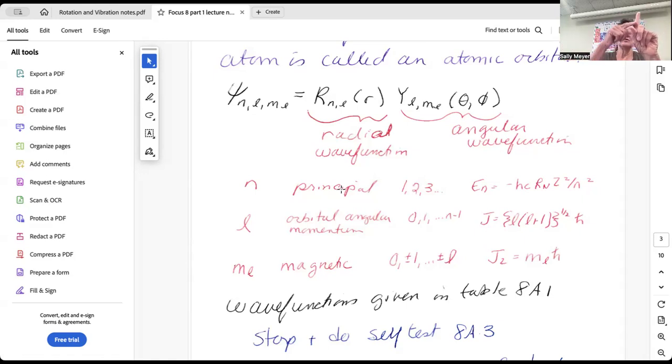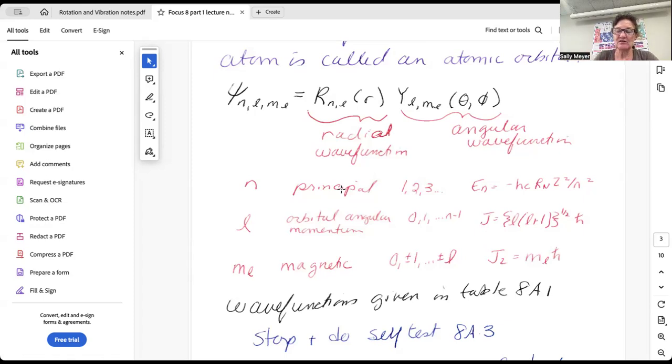If you put one going one way around the z-axis and equal magnitude going the other way, going counterclockwise, then those would cancel each other. So M sub L is called the magnetic quantum number because it's quantizing the orientation of that movement of an electron, which means you're quantizing the magnetic moment.